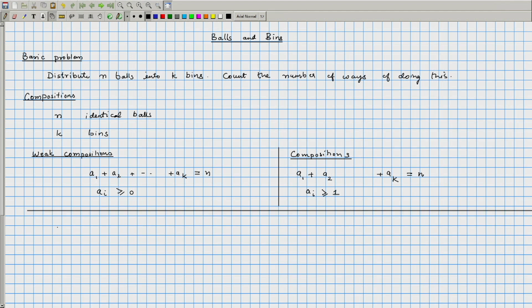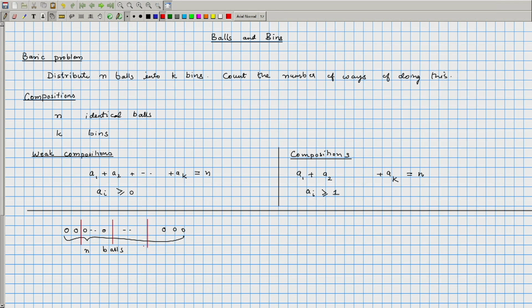So, we look at this problem in the following way. We have all these balls, let us say n of them, and in order to split them into k bins, we basically draw partitioning walls in between them.